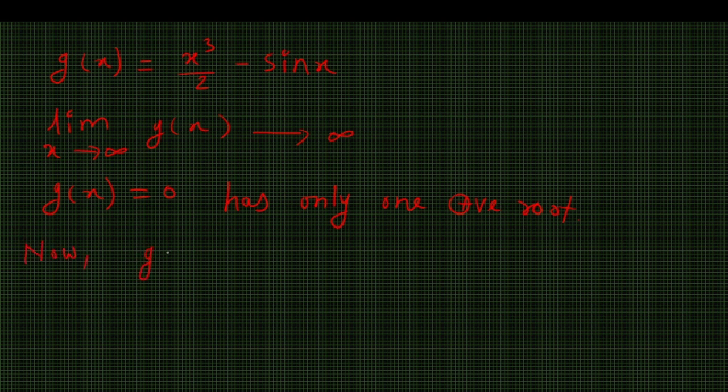to check for negative values of x, take g of minus x. On putting this minus x into g of x, we will get minus x cube by 2 minus sin of minus x. Now on solving we will get minus in bracket x cube by 2 minus sin x, which is g of x.